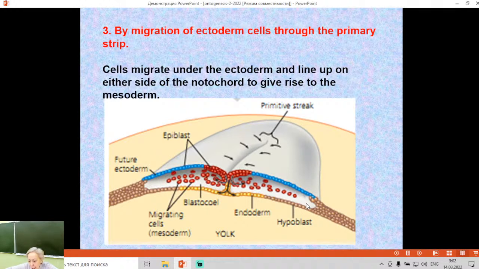And you see an embryo of a bird. The embryo is a disc-like structure on the surface of the yolk. In the center of the embryo, you can see the primitive streak.